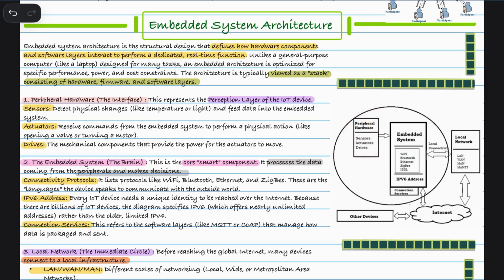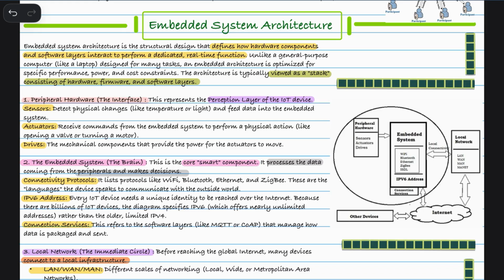Then we have layer 2, that is the embedded system. It is the brain. Directly above the peripheral is the heart of the machine, the embedded system. This is the microcontroller or the microprocessor that handles the thinking, data cleaning, decision making, everything. And it relies on three critical components. First is the connectivity protocol, right?